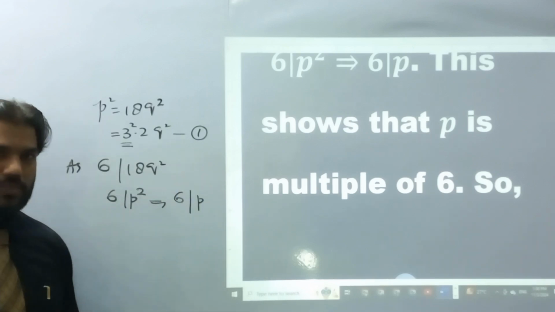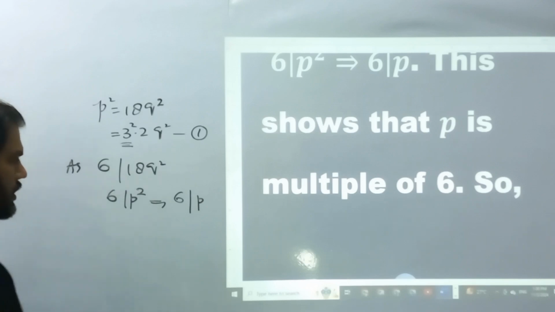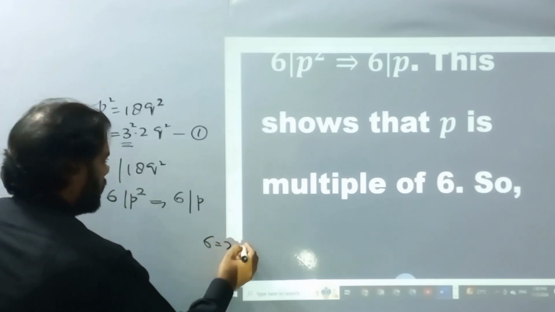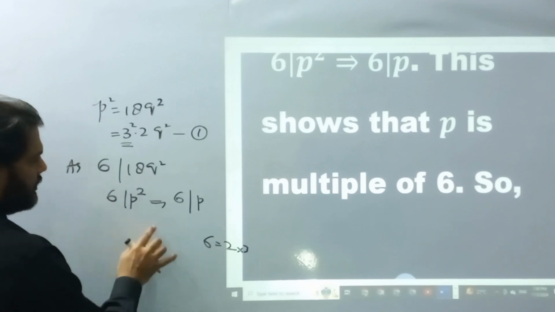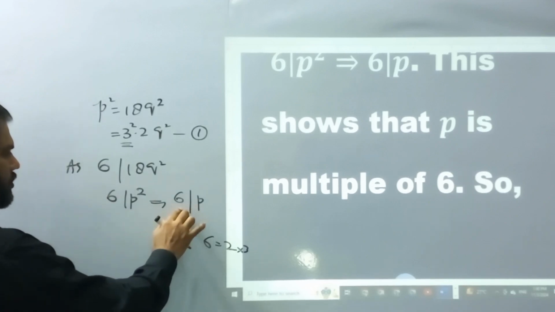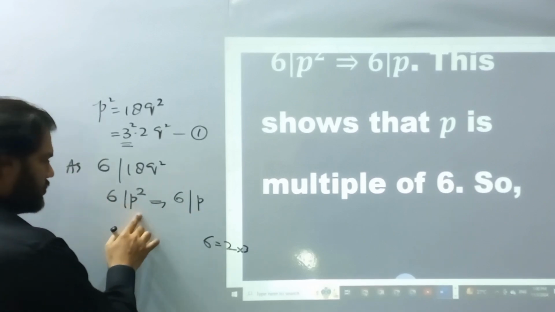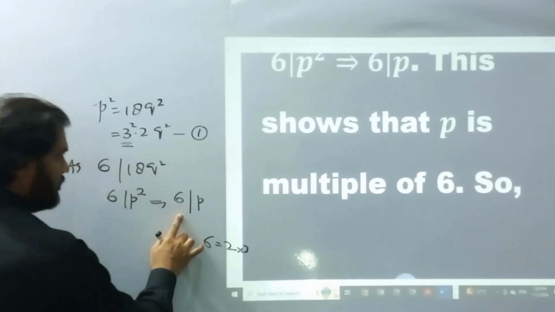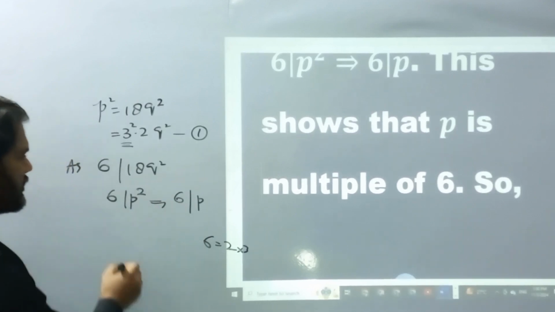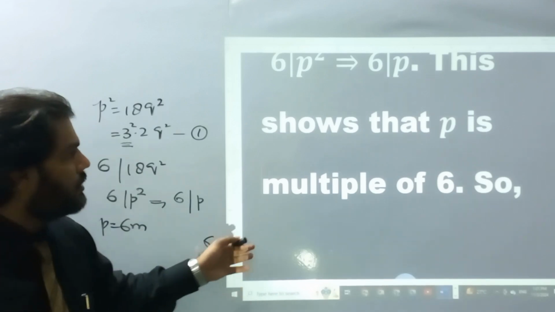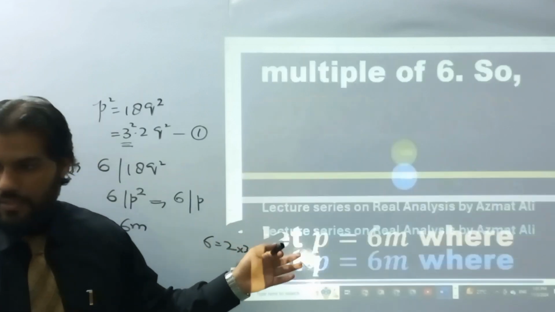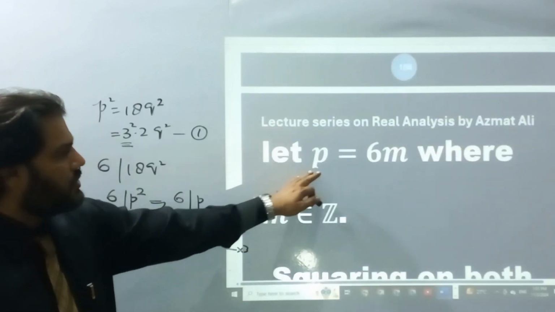Although 6 is a composite number, this composite number 6 is only a product of two distinct primes. So I can apply this result for 6. 6 divides p square, so 6 will divide p. This implies p is a multiple of 6. So we can put p equal to 6m here. Let p equal to 6m.